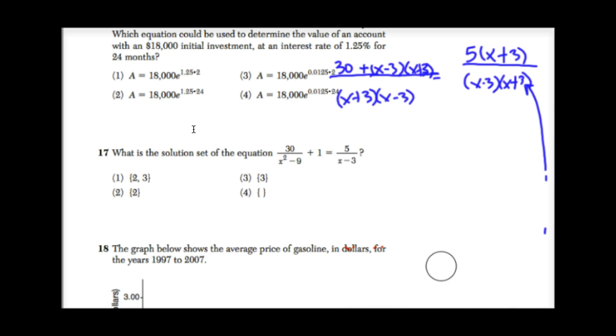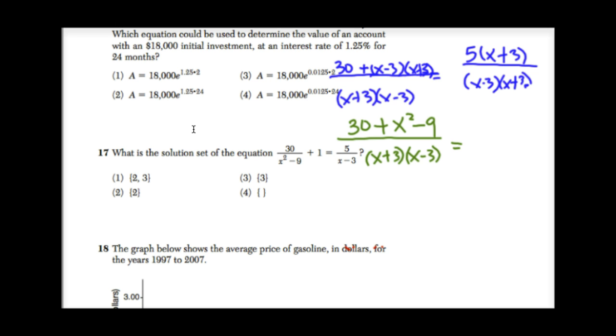Now what I want to do is simplify these out. So this becomes 30 plus x squared minus 3 over, I can keep the bottom factored, it doesn't matter because eventually this is going to be canceled off. This is 5x plus 15, I'm distributing my 5.